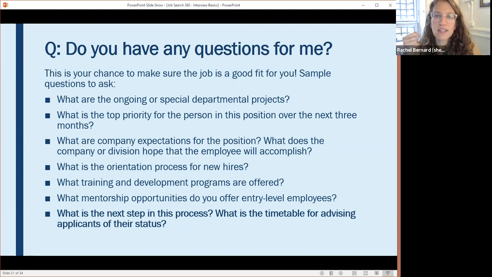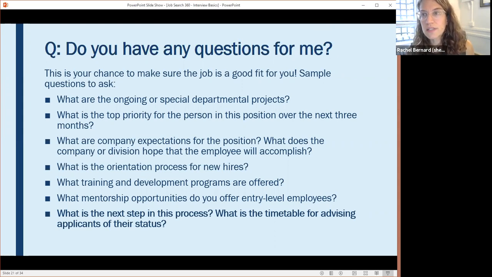They want to see that you're asking thoughtful questions that can't be answered very obviously on the organization's website. So you don't want to ask something that you could have just looked up, that you should already know. It could be nice to reference the website.